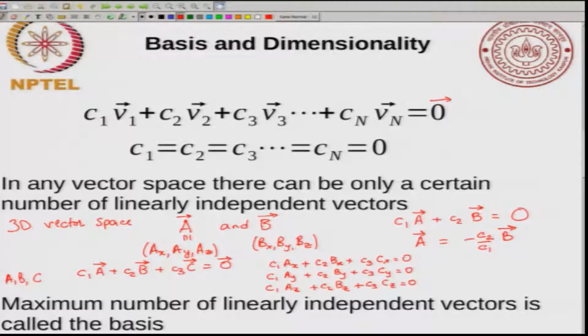So, you have to have some C1, C2, C3 which are not all 0, satisfying these three equations.